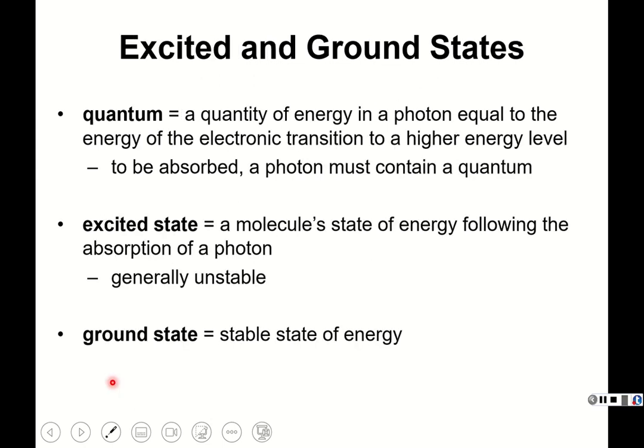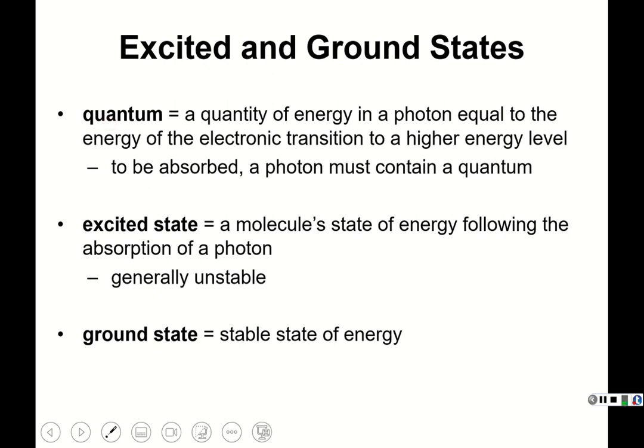We're going to talk about excited and ground states, right? So if you have an excited state, what does that mean? It just means that the energy of your, in this case, we'll talk about electrons, the energy of your electron is increased because it has absorbed a photon of light, right?